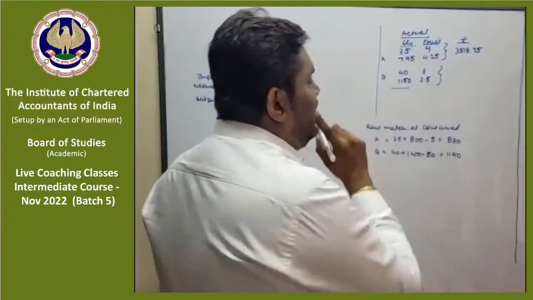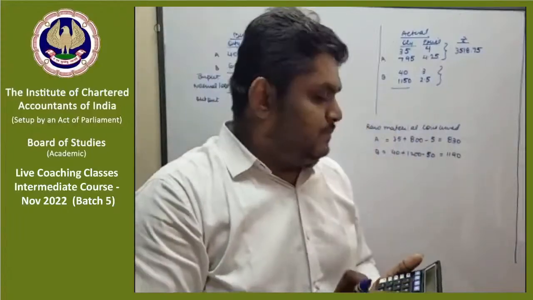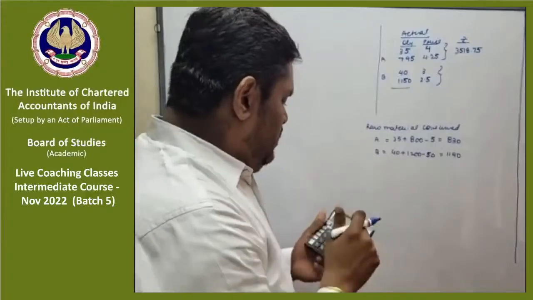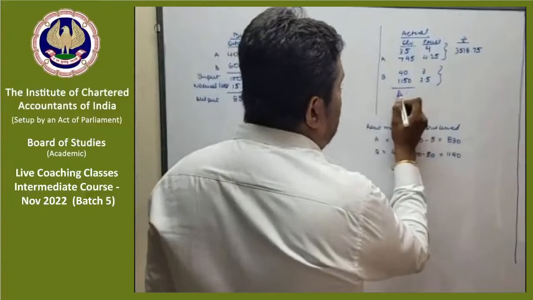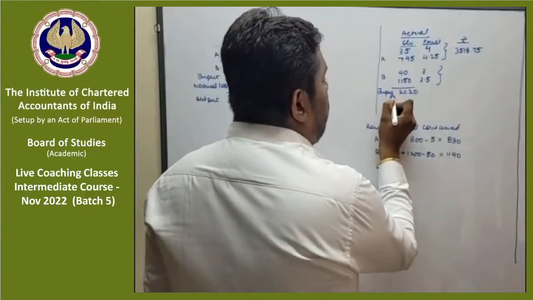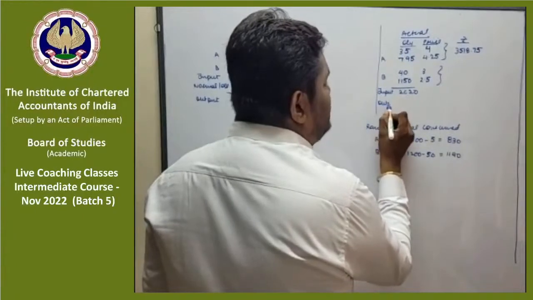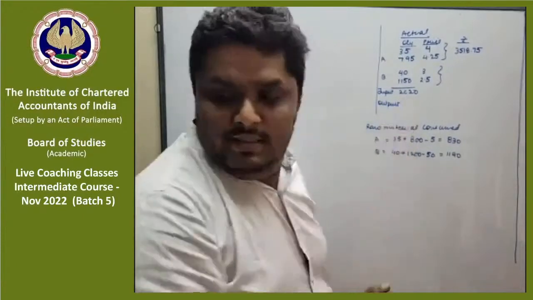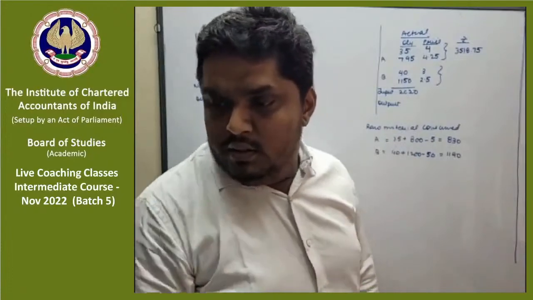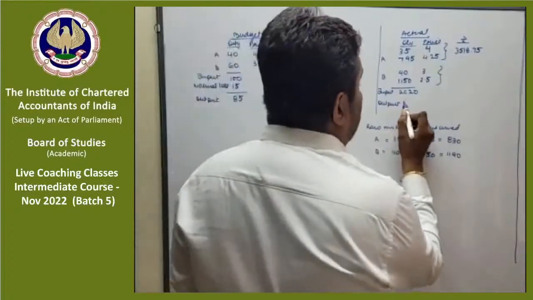So this is how we'll get the total input, that is 830 plus 1190, that is 2020, and the output is given in the question, that is 1700 units.